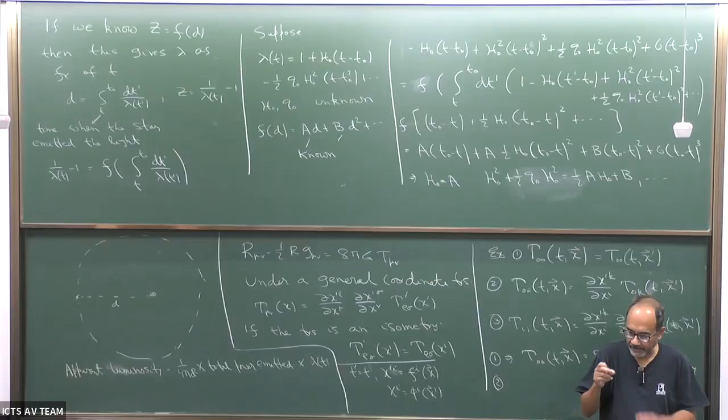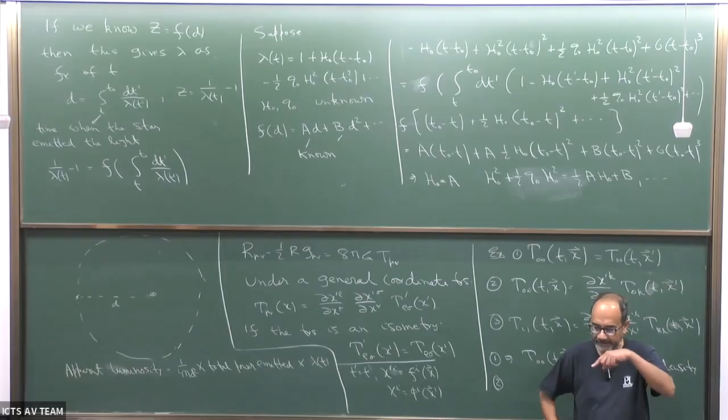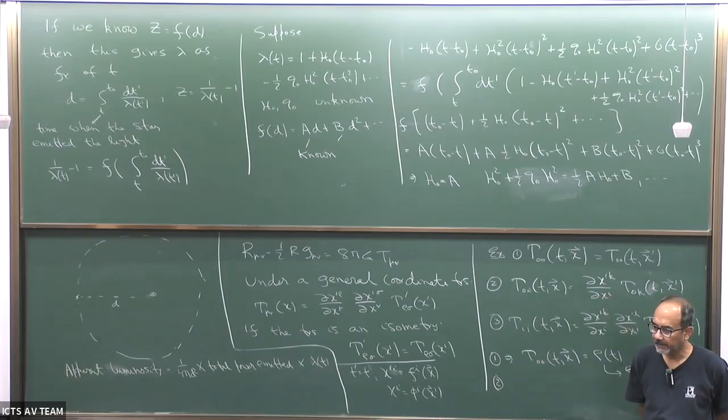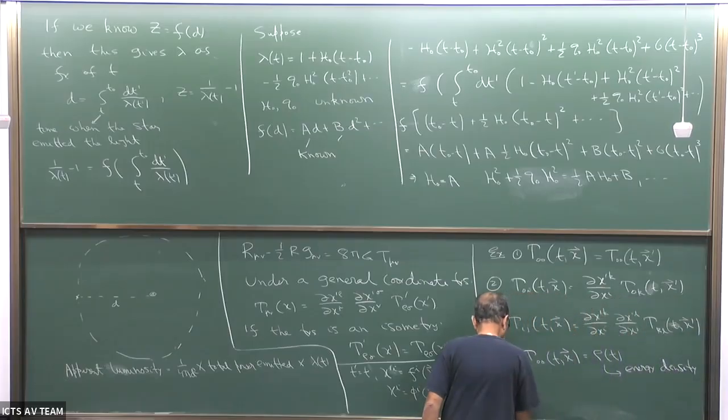On the surface of a sphere, if you try to draw a vector and demand that it's invariant under all isometries, take the isometry that rotates about that point, and that will change the direction of the vector. So it's not invariant, and hence the vector field must be 0. 0 is always invariant. So the second equation tells us that T0k is 0.